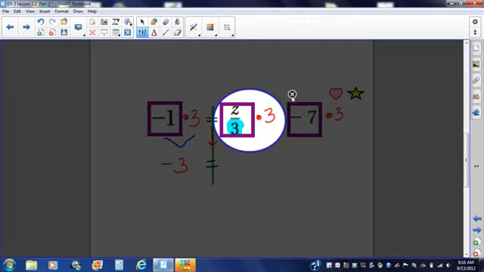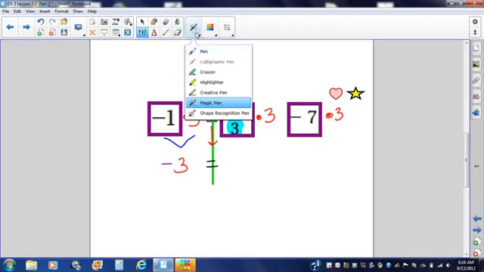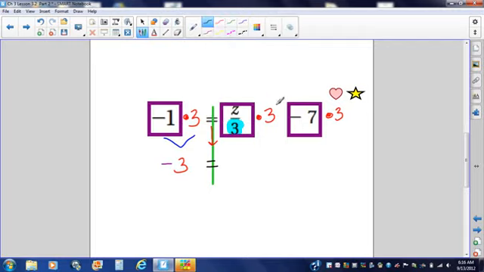So let me just show you the shortcut, the fastest way. If I am multiplying by 3 and dividing by 3, they're going to cancel each other out. Now let's use blue.